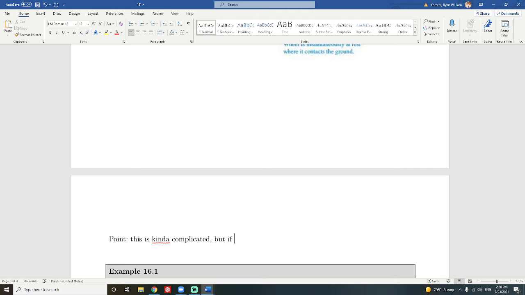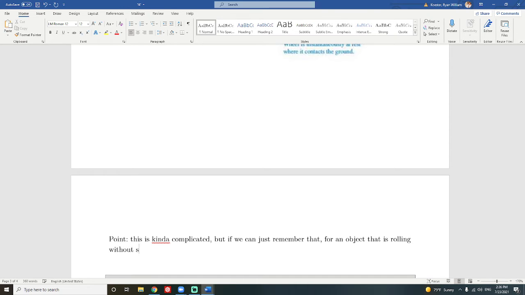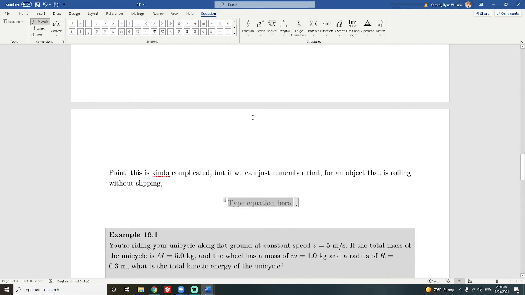But if we can just remember that for an object that is rolling without slipping, the equation here is just going to be that the speed of the center of mass is given by the radius of the object times its angular speed.